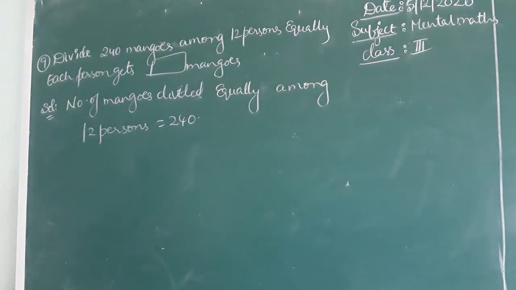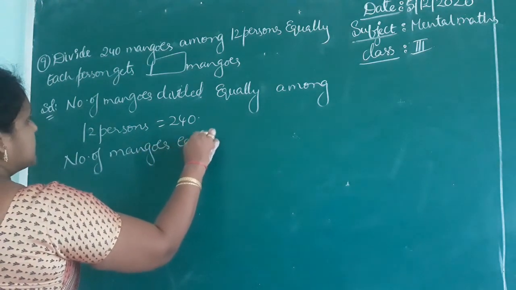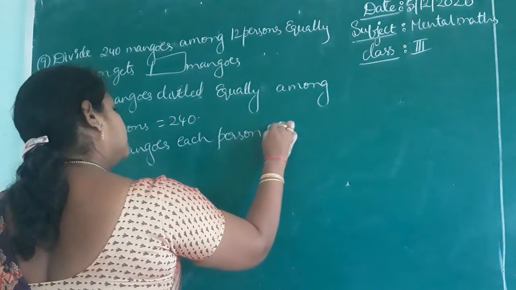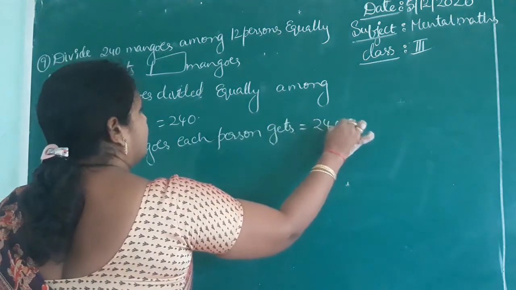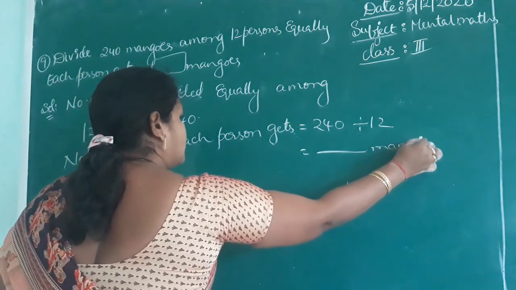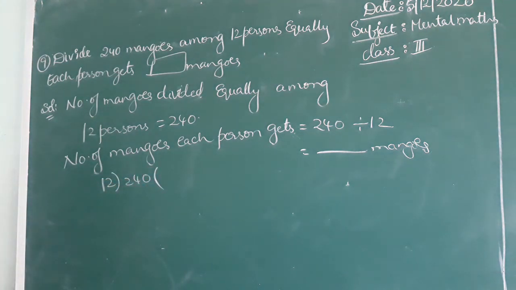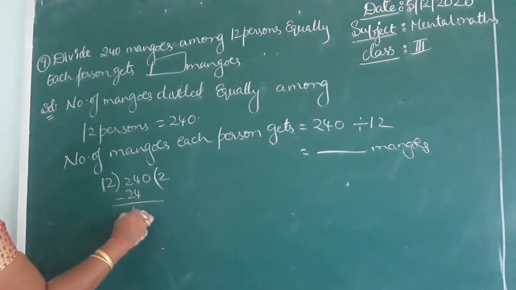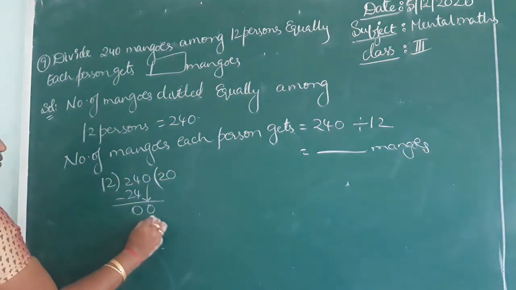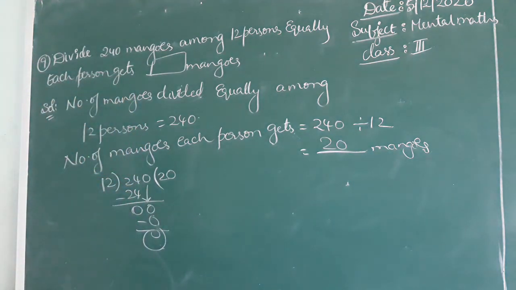They are asking how many mangoes each person gets. Divide 240 by 12, you will get that answer. 12 table, 12 ones 12, 12 twos 24. So remainder 0. Now drop down 0 again. 12 zeros 0. Remainder 0. So each one gets 20 mangoes.